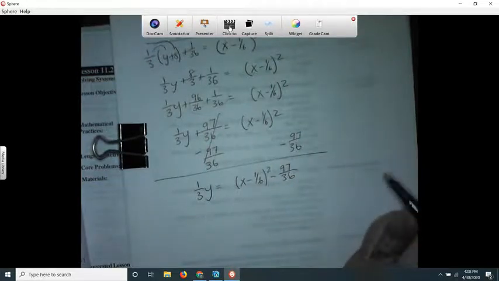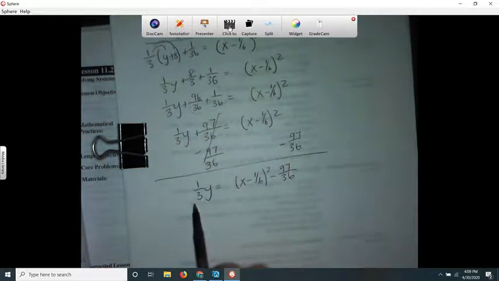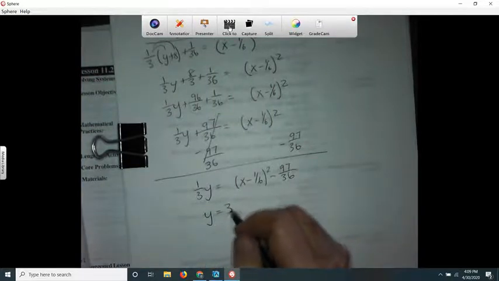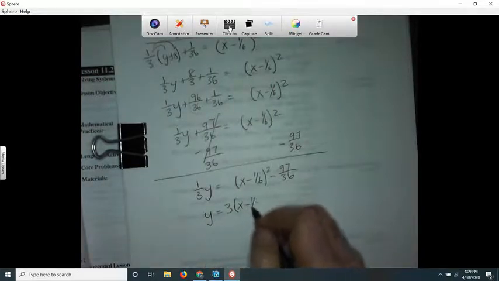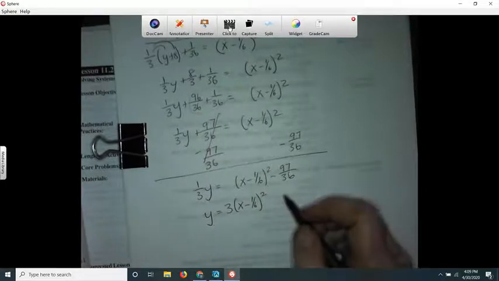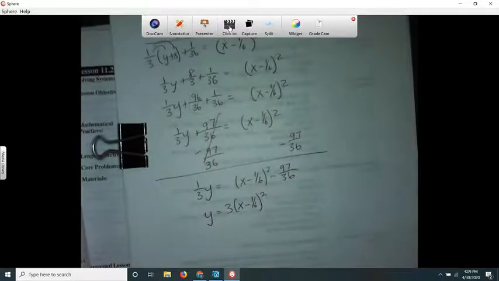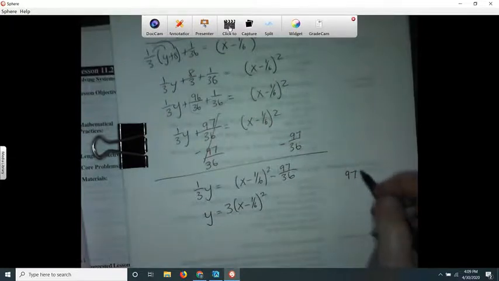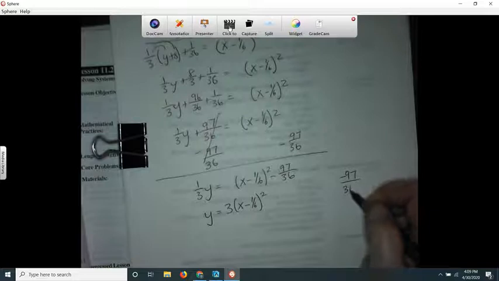Then I think I'll multiply both sides by 3. Now, what is 3 times, well, let's see. On scratch paper, I'm going to find out what this equals.